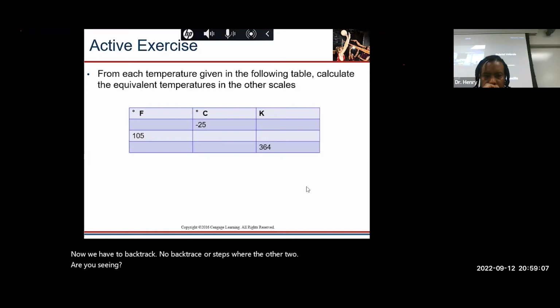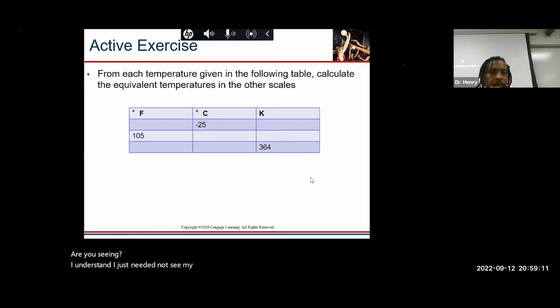I understand it, I just needed to see my notes. To Celsius, and then to Kelvin, and then from Kelvin to Celsius and Fahrenheit.